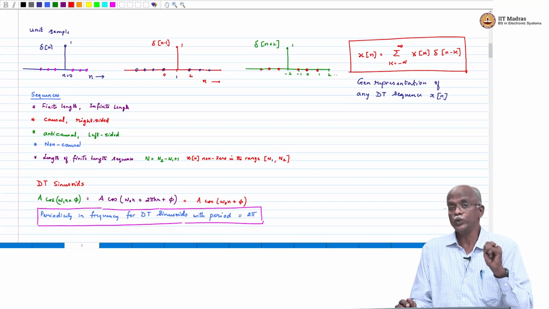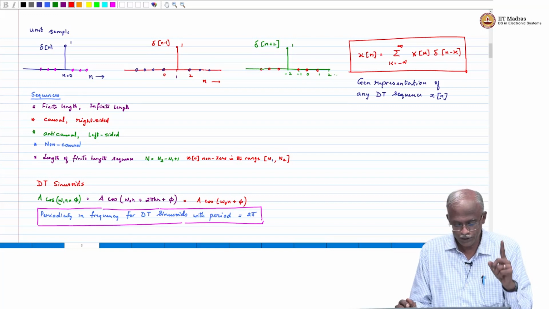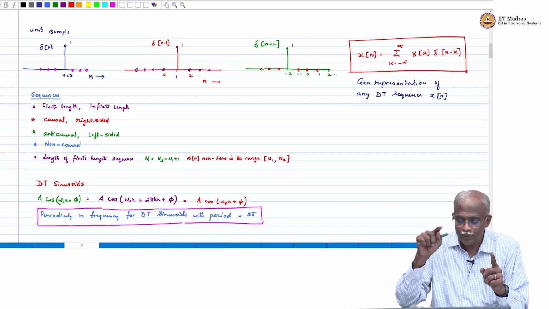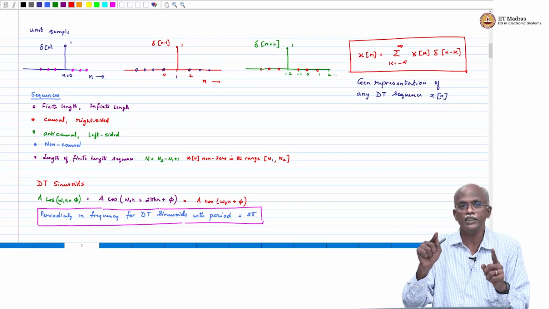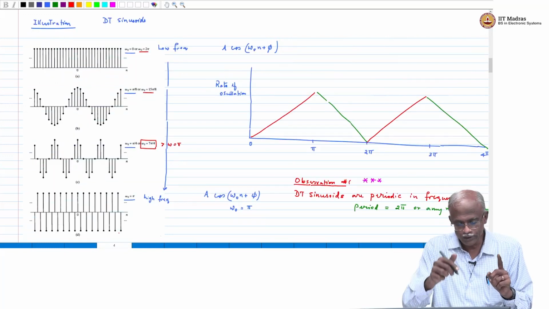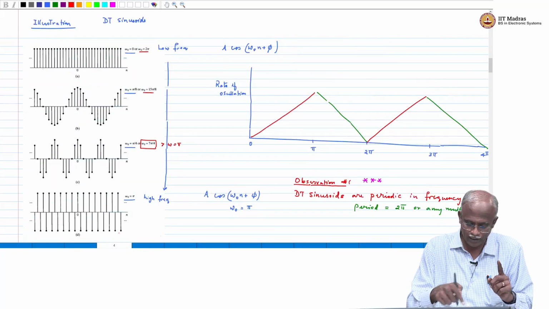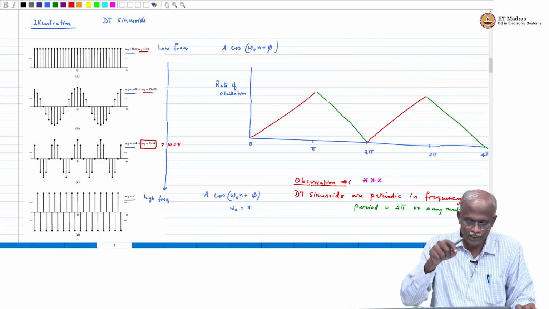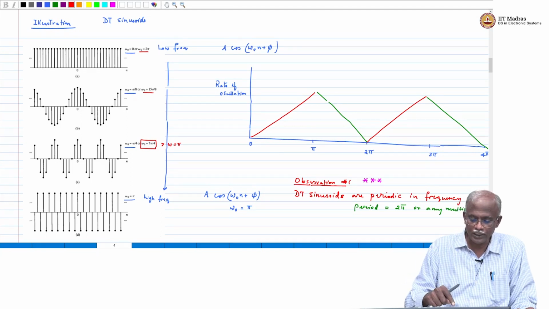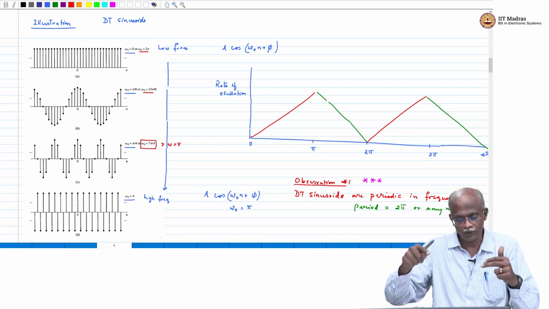We highlighted two properties of discrete time sinusoids. The first one is that all discrete time sinusoids are periodic in frequency with a period equal to 2 pi. And that we demonstrated using this particular example illustration. We started from omega equal to 0, pi by 8, pi by 4, we increased in frequency up to pi, and then further increase in frequency started reducing the rate of oscillations.